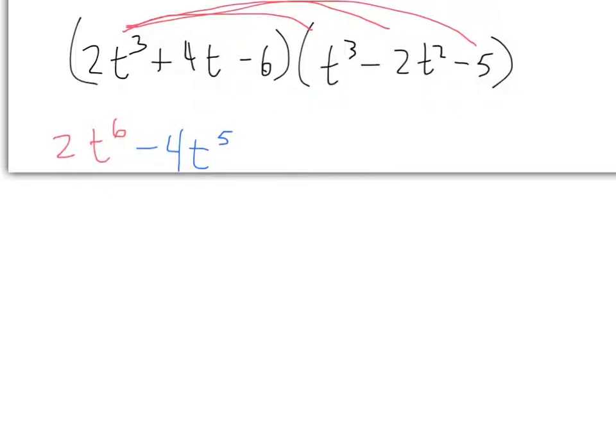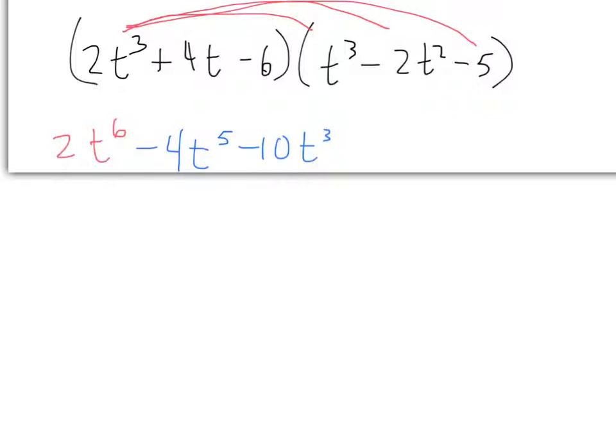Then take 2t cubed times negative 5. Just multiply the coefficients. Negative 10 t cubed. Okay, don't forget the t cubed from here. All right, that's what I get from that first distributive. I don't know why I changed that to blue. It should all be red. Okay, so that's what I get from that result.